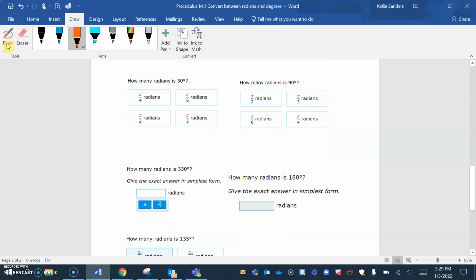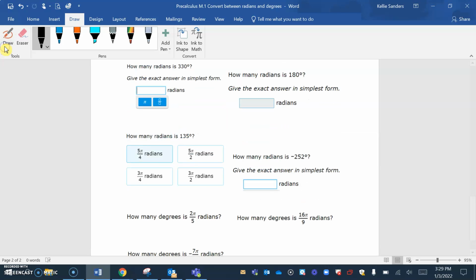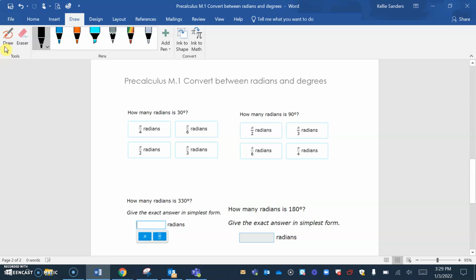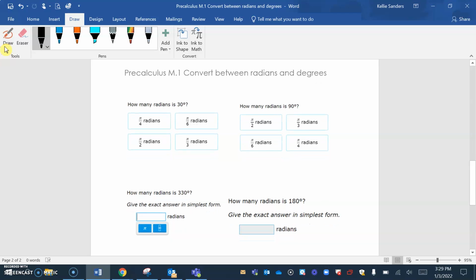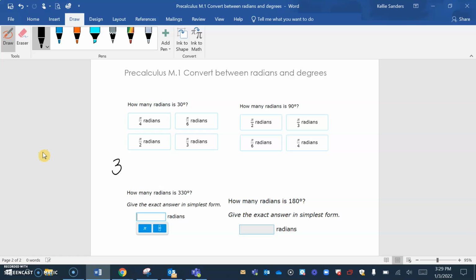Okay. So, how many radians is 30 degrees? How many radians is 30 degrees? So what we would do, if we didn't have the chart that's above us, we would take the 30 degrees and we would multiply it by a conversion factor.